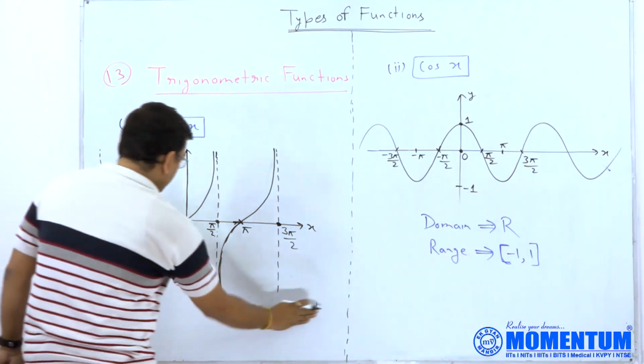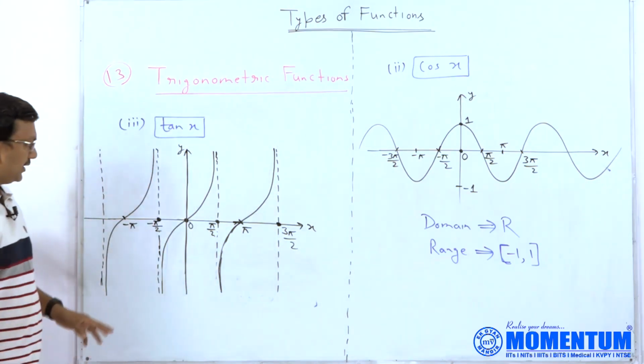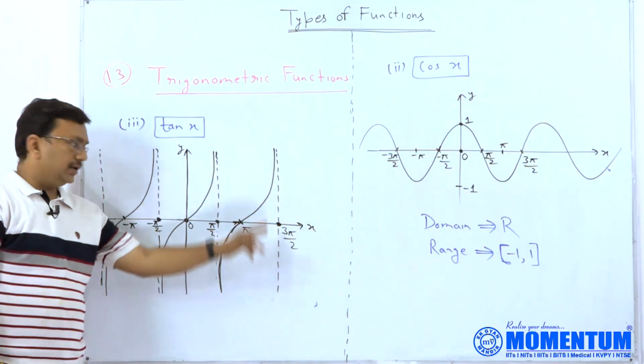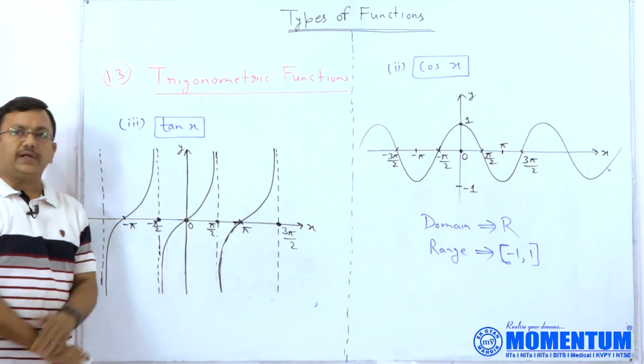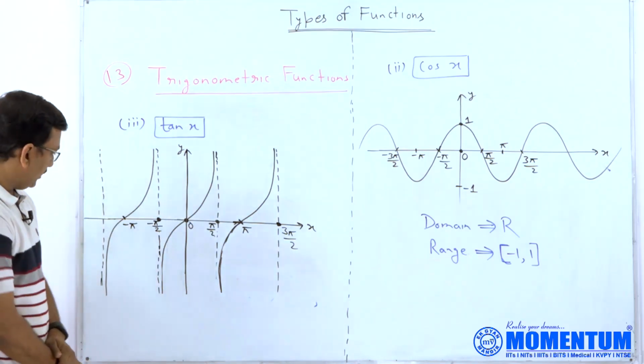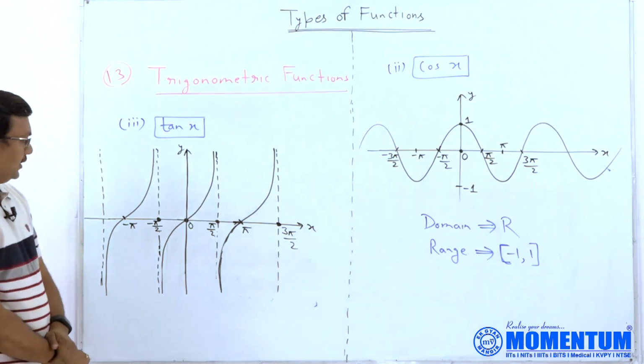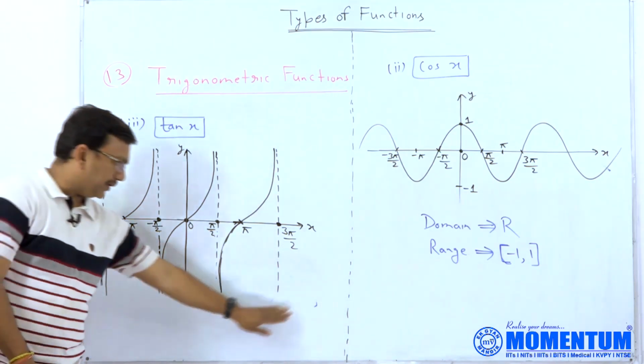Diagram of tan of x. Here in this diagram, you will see vertical dotted lines. When our graph moves towards infinity, we draw vertical dotted lines to represent the graph is moving towards infinity.